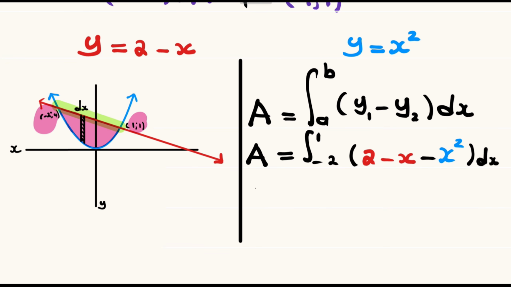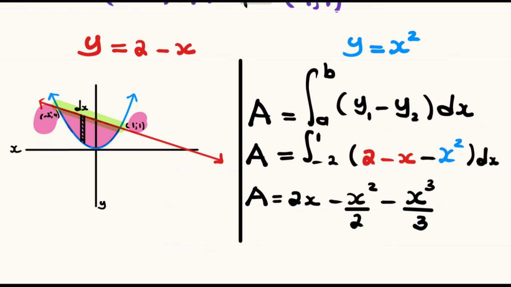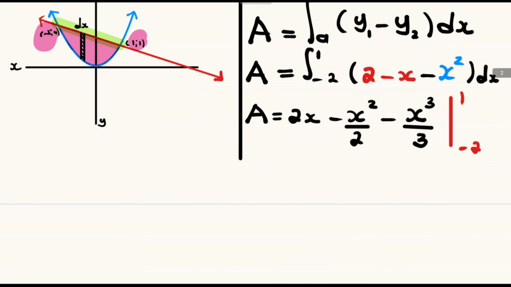dx. Now the integral of the 2 with respect to x is equal to 2x. The integral of negative x is equal negative x squared divided by 2. The integral of negative x squared is negative x cubed divided by 3, with our bounds from negative 2 to 1, the x coordinates of the points of intersection.